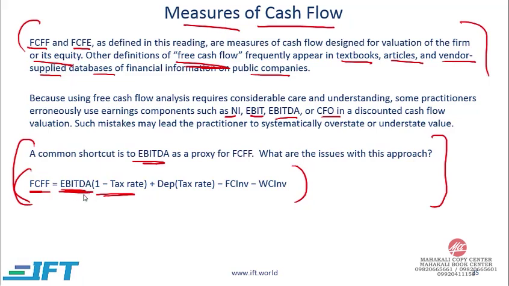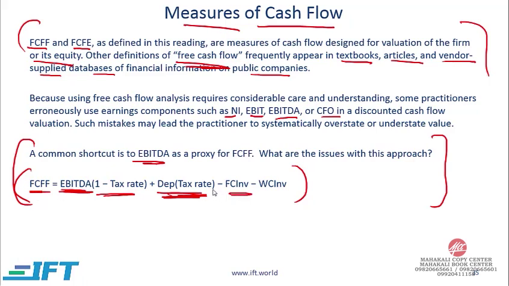So EBITDA does not subtract taxes. That's one issue. The other issue is that EBITDA does not tell you about the depreciation tax shield. Does the firm benefit because of the depreciation tax shield? Yes. That is not accounted for in the EBITDA measure, it is accounted for in FCFF.